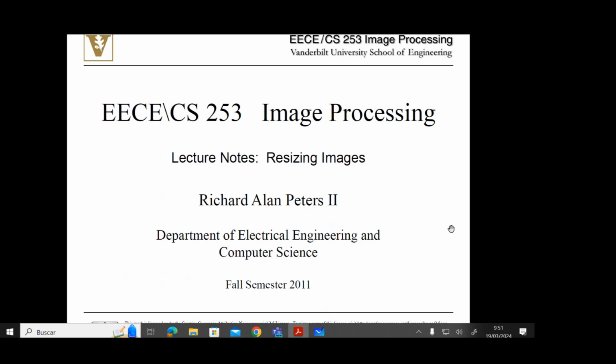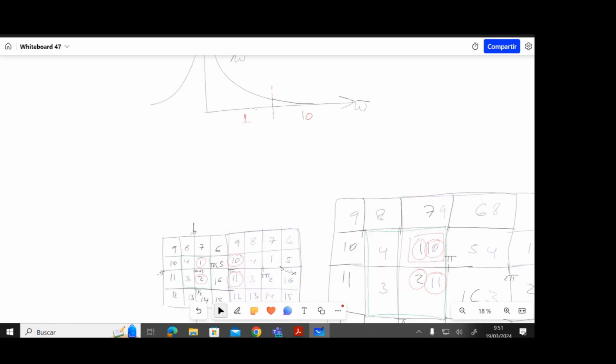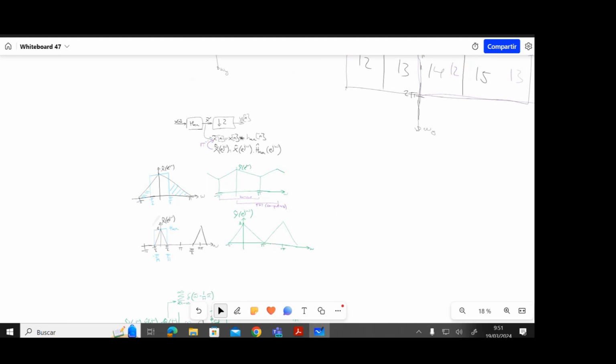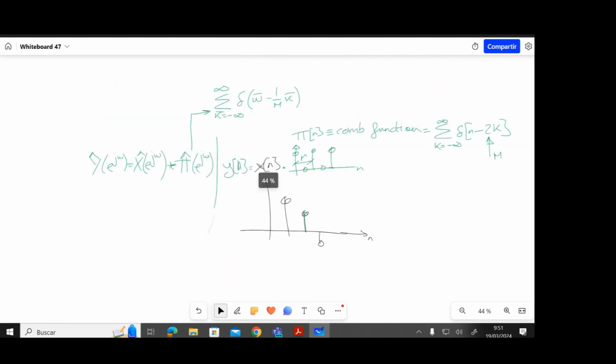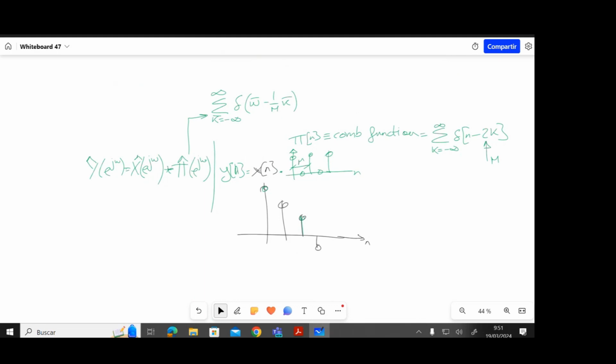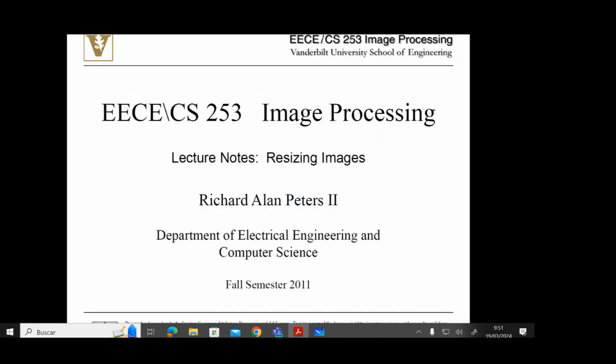Somehow we have done that here, when we were making the decimation. Here, this one here, we were reducing our image by a factor 2. So now let's do it by any factor, not only integer factors. And that is this idea of resizing, and the main topic here is interpolation.